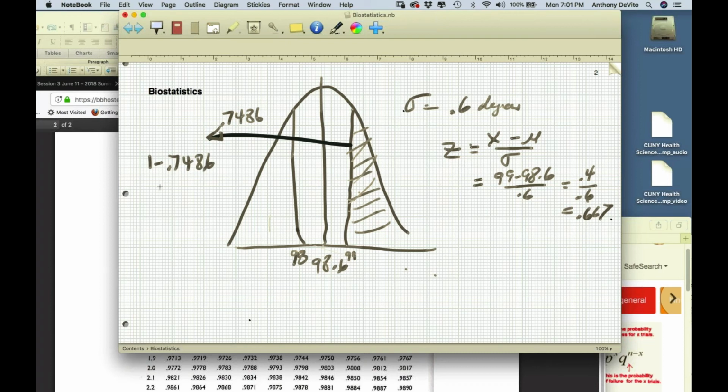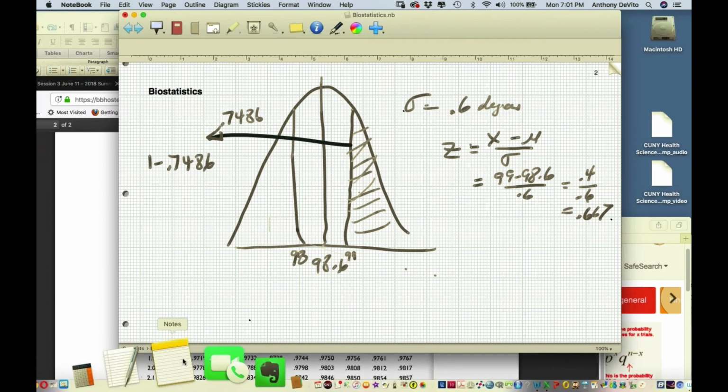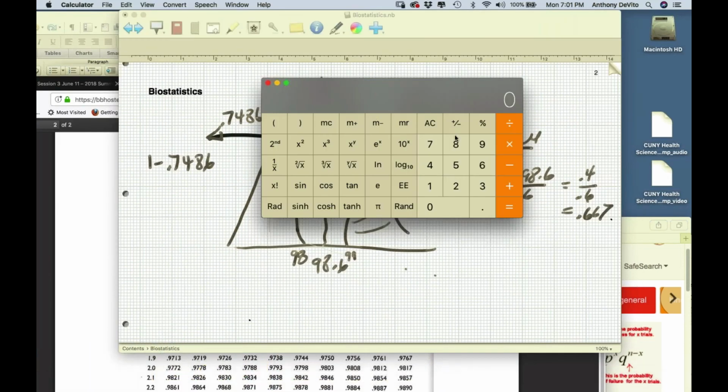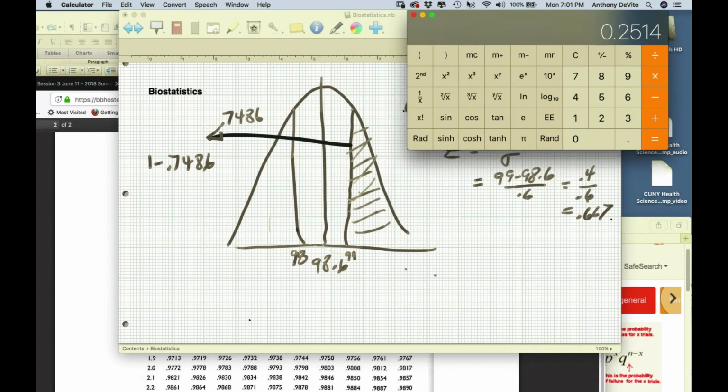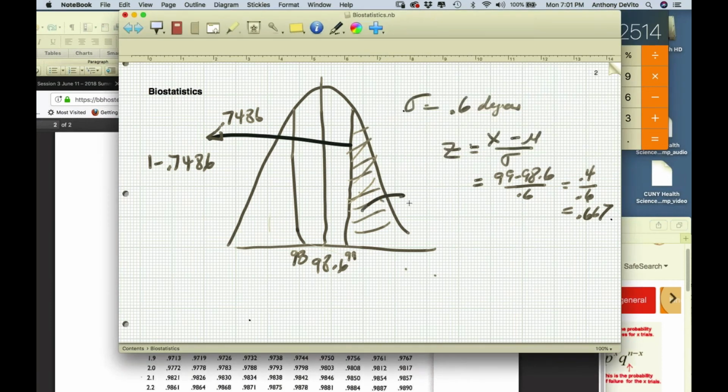I'll do my quick calculation here: 1 minus 0.7486 is equal to about 25.14%, or 0.2514. So this area is 0.2514. What does that mean? That means that 25% of the population has a temperature above 99 degrees.